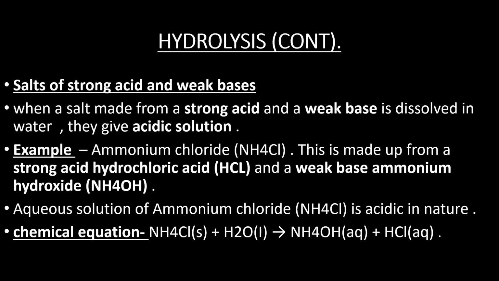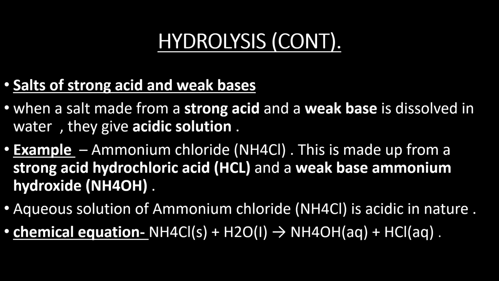This is made up from a strong acid, hydrochloric acid, and a weak base, ammonium hydroxide. So these two combine to give ammonium chloride. As I have told you earlier, they will give the acidic solution.